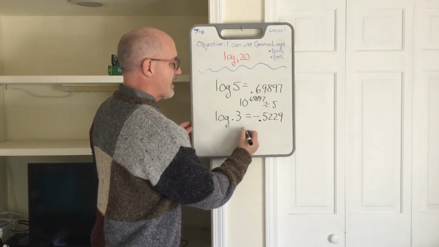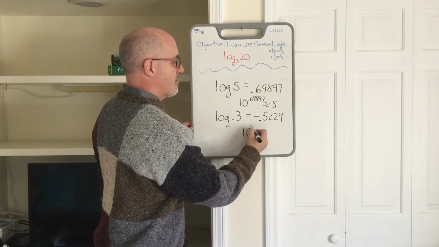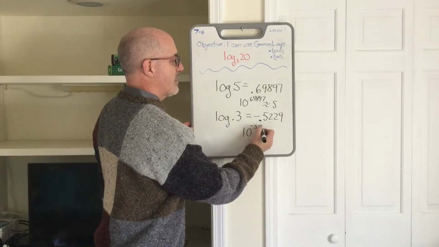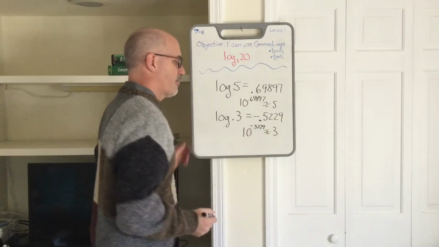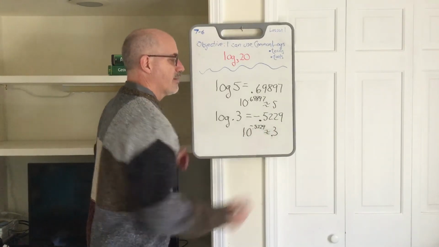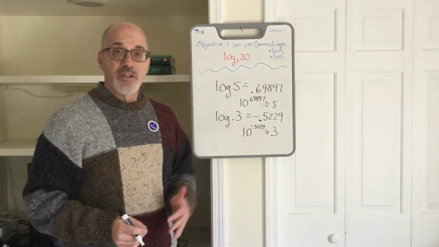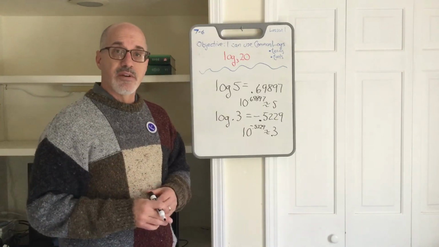That's saying 10 to the negative 0.5229 is about equal to 0.3. So that's how we can use our calculator to do some of these calculations.